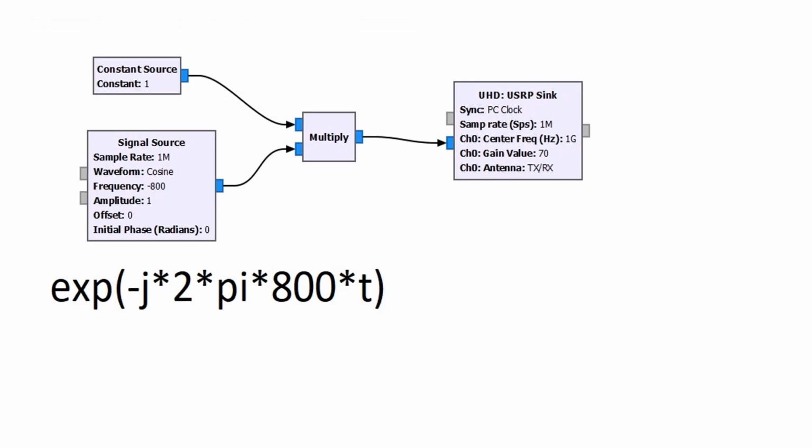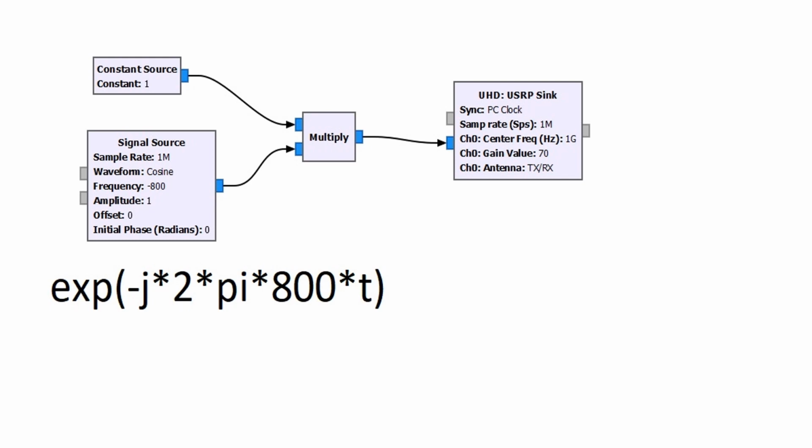So here is how we can shift our signal down by 800 hertz. We have to multiply it by a negative 800 hertz sine wave because it was 800 hertz above 1 gigahertz. So we need to shift it down by 800 hertz. So that is why the frequency is negative.